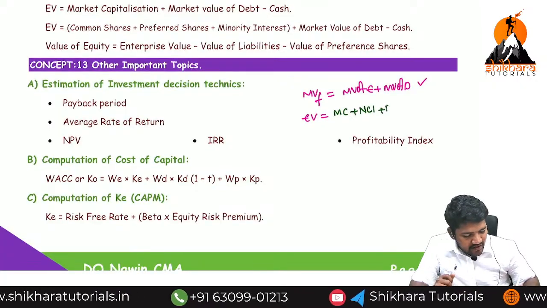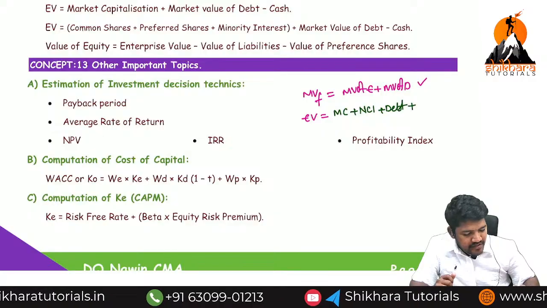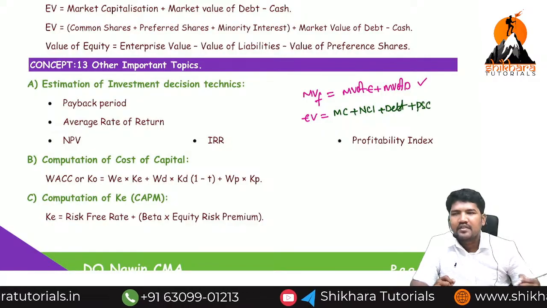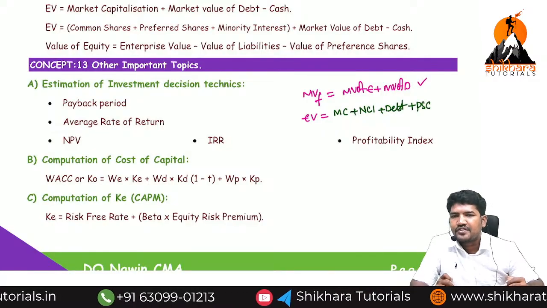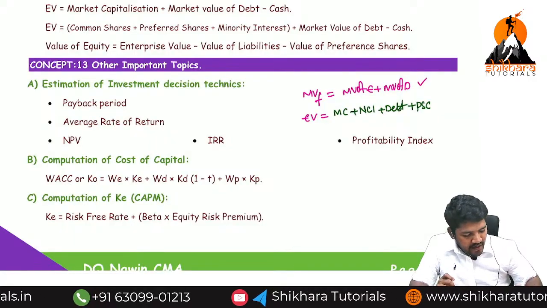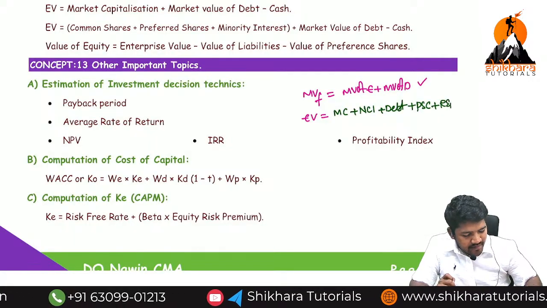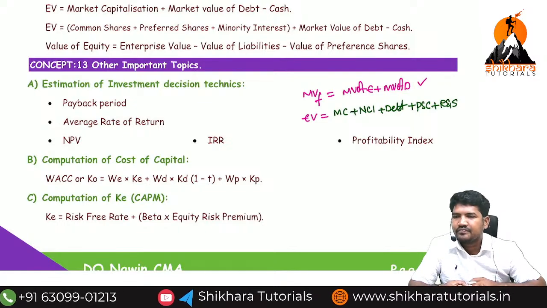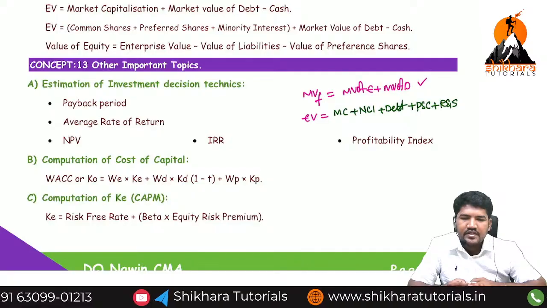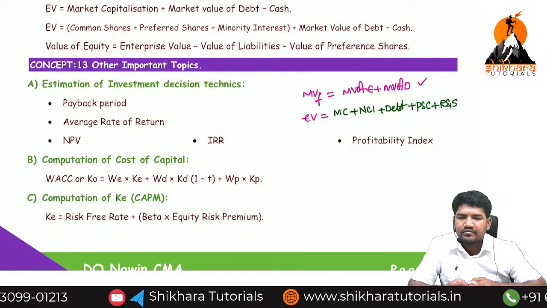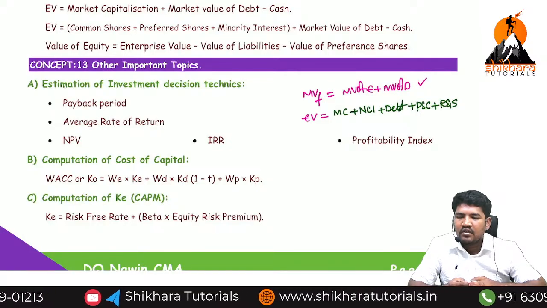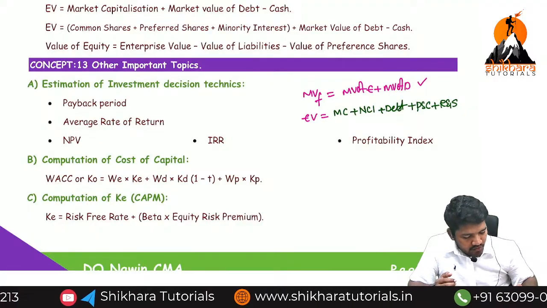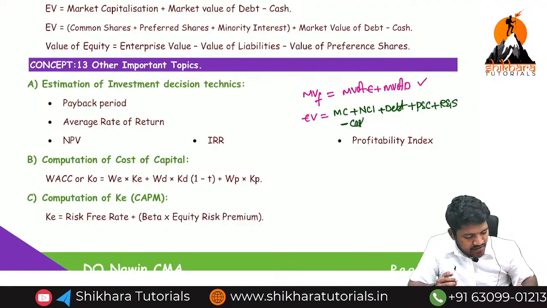Plus debt, plus preference share capital, plus reserves and surpluses. Guys, clear? Now, out of this, you have to reduce the cash balance.